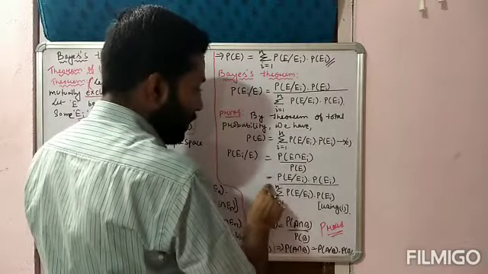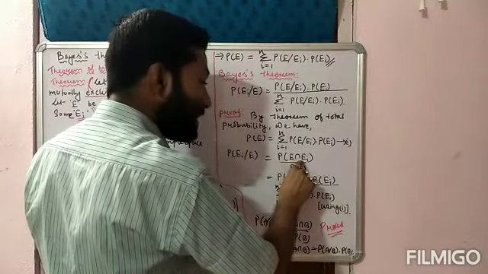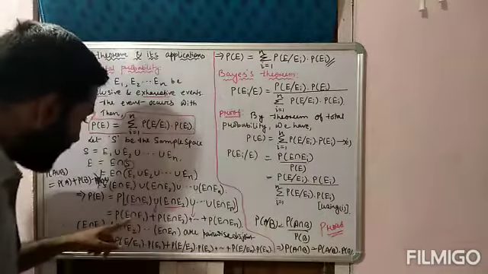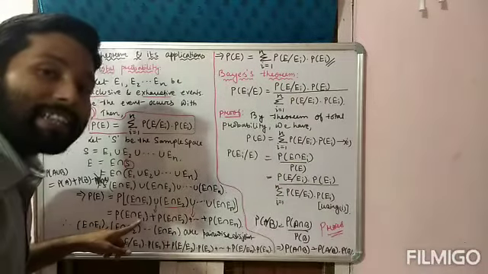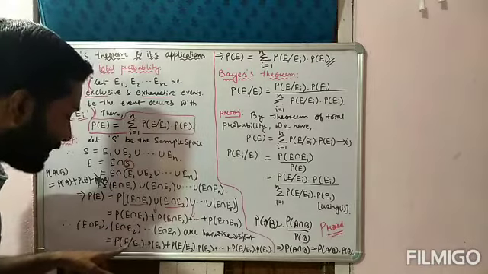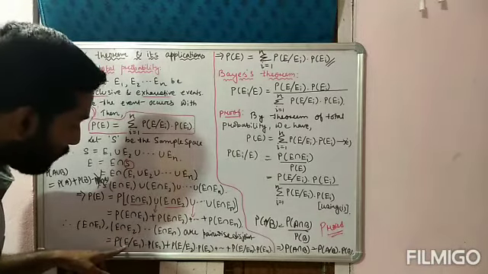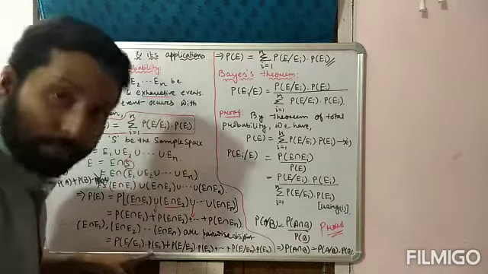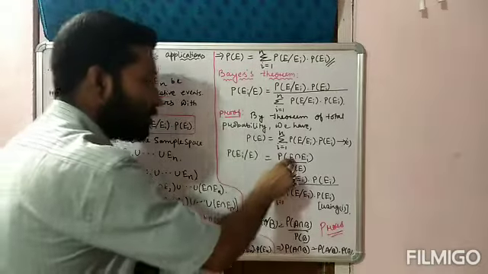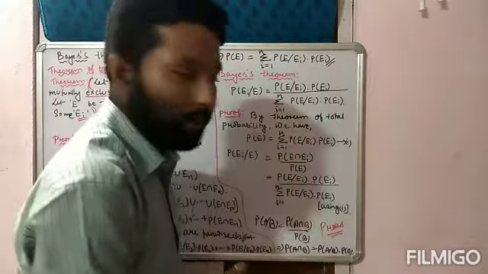This is equal to, now P of E intersection EI. यहाँ पे जैसे E intersection E1 को कैसे रिप्लेस किया गया? By multiplication theorem on probability, that is P of E slash E1 into P of E1. Here also you have to use the same multiplication theorem on probability.